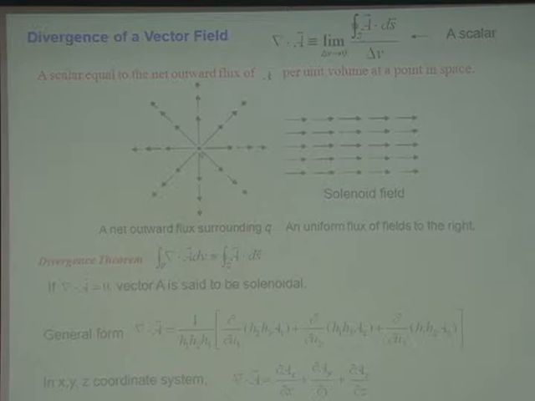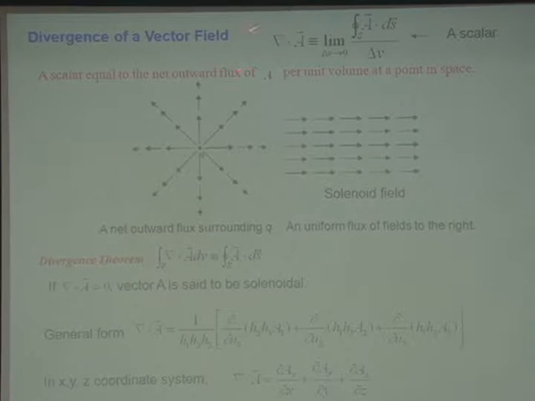Okay. So now, if I want to summarize a little bit, basically when you do divergence, you are calculating the flux at one point per unit volume. That's it. Okay. This is a very simple summation, and very often that you have to do this divergence theorem when you calculate problems in electromagnetics.